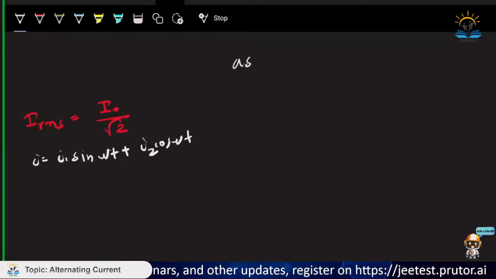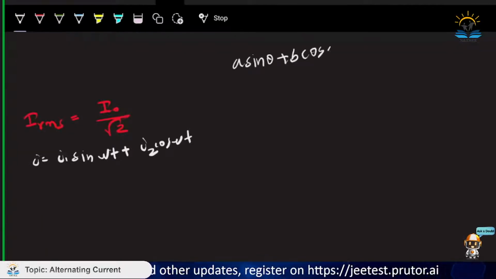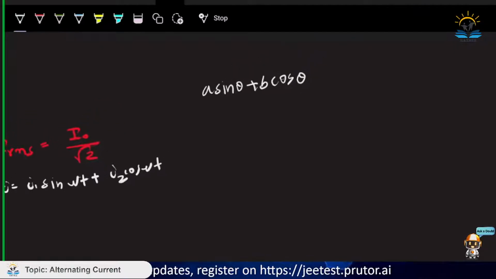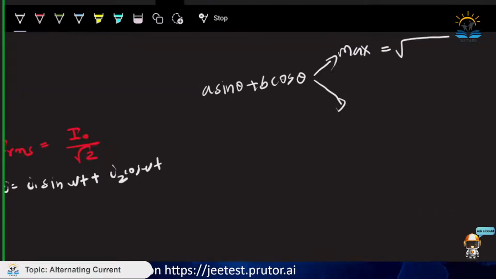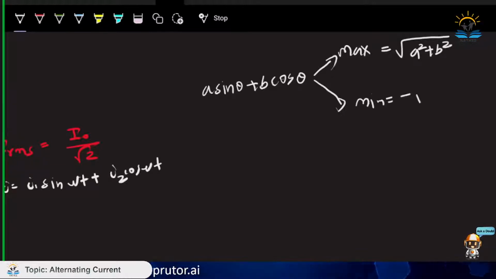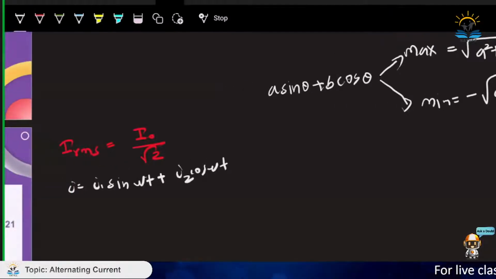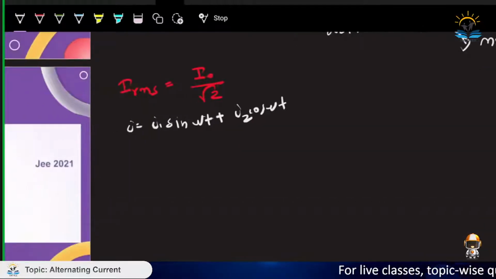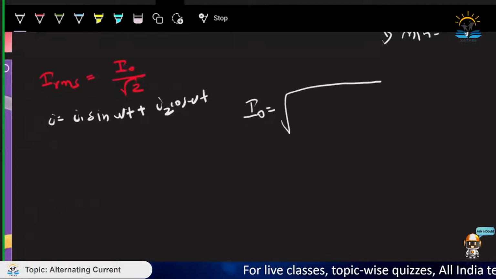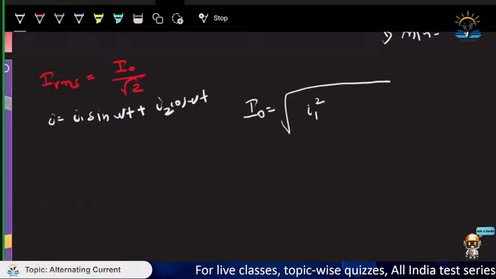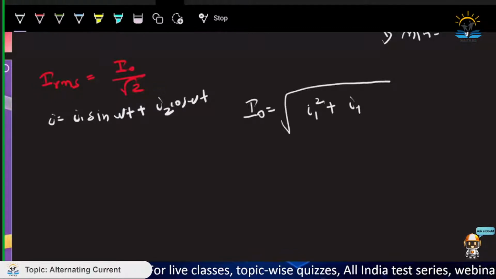For an expression a sin theta plus b cos theta, the maximum value is root of a square plus b square, and the minimum value is minus root of a square plus b square. Here the expression is also of the form a sin theta plus b cos theta, so the maximum current will be root of I1 square plus I2 square.